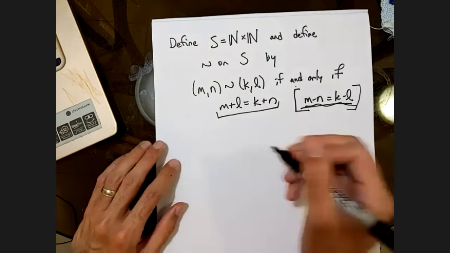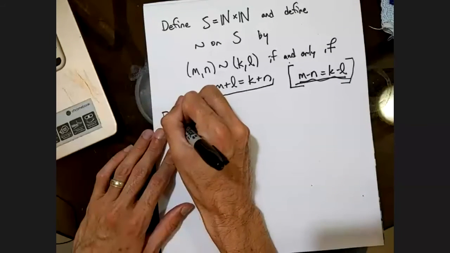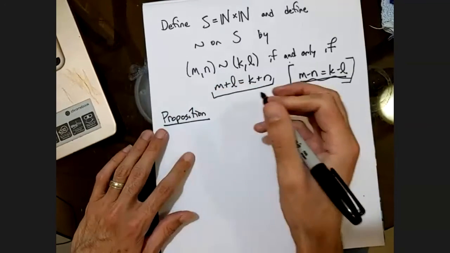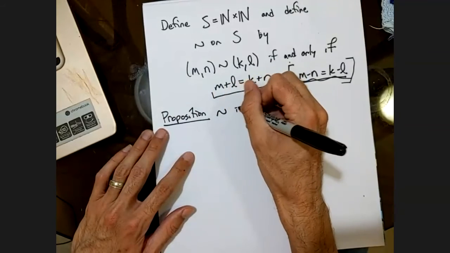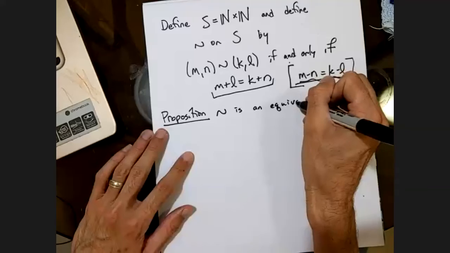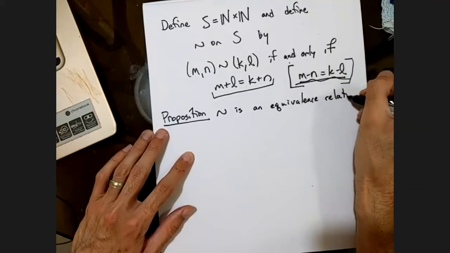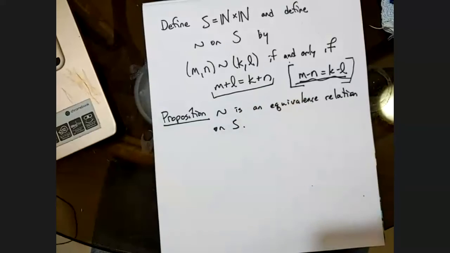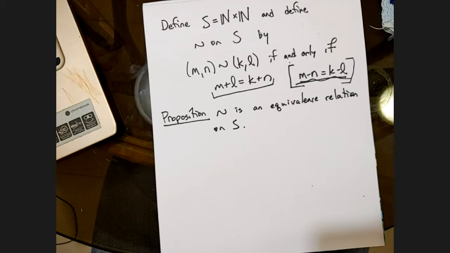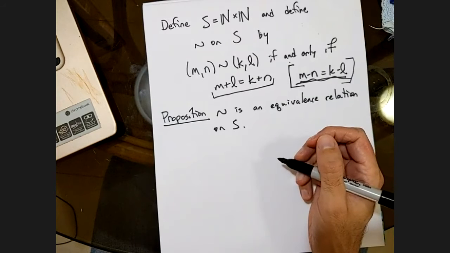And then we have a proposition: tilde is an equivalence relation on S. And the proof uses all these different properties of addition of natural numbers.